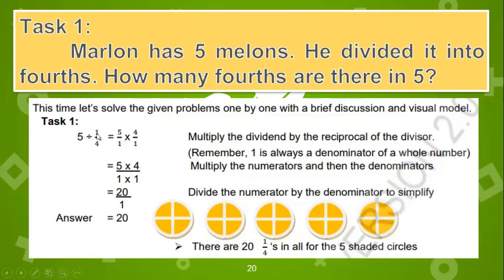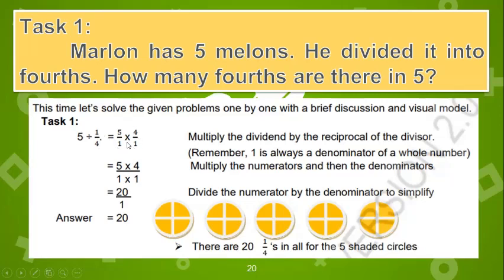So 5 divided by 1/4, you're going to multiply the dividend and the reciprocal of the divisor. So whole number 5, you have to make it 5 over 1. Then change the division sign into multiplication sign. And you're going to flip the second fraction. 1/4 will be 4 over 1.